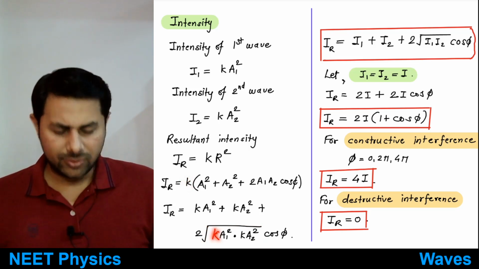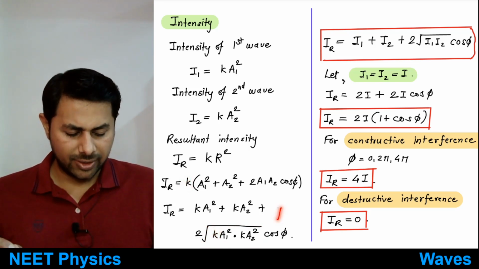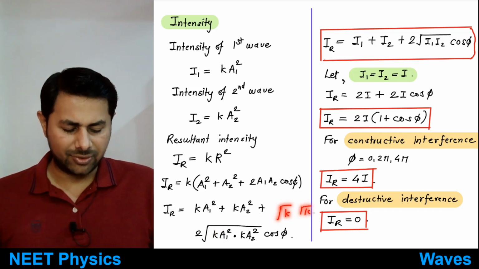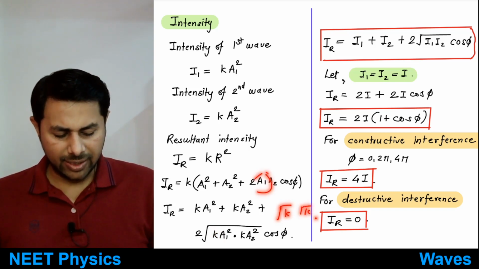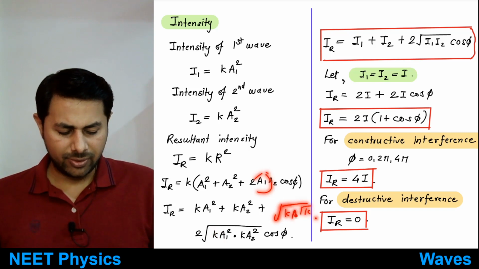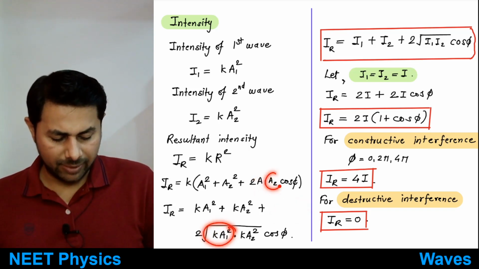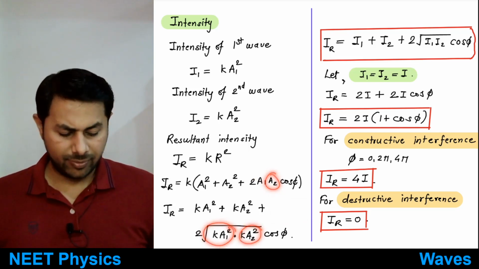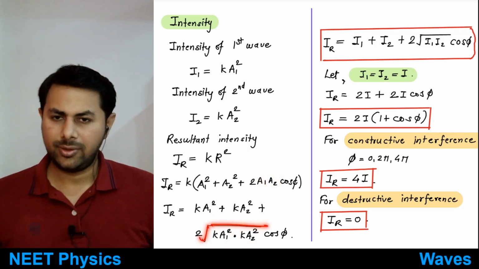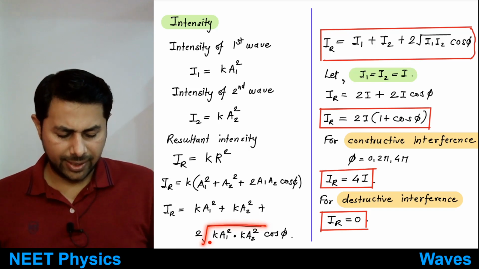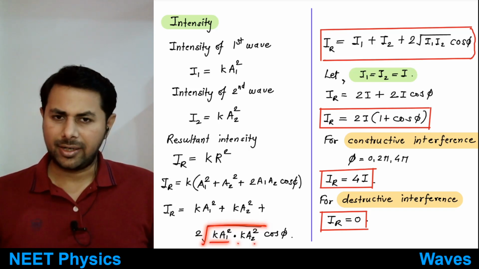That k can be written as root k times root k, and a1 can be written as square root of a1 square, and a2 as square root of a2 square. So inside this square root you have k times a1 square multiplied by k times a2 square.